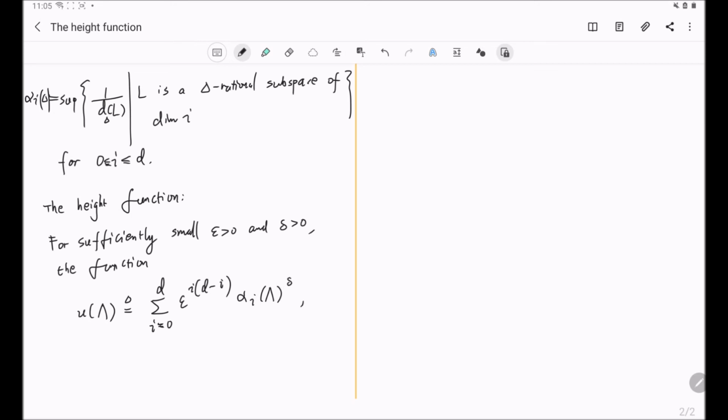It can be shown that it satisfies the following two conditions.